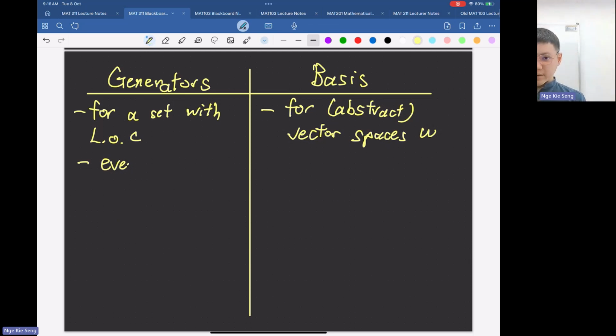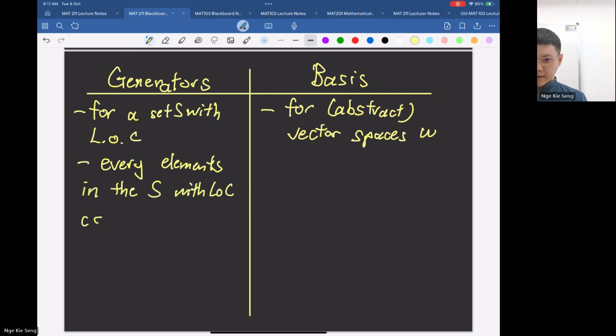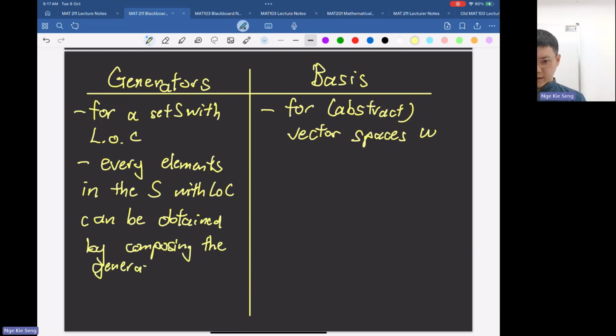Let's call our set S. Every element in our set S with a LOC can be obtained by composing the generators in S.